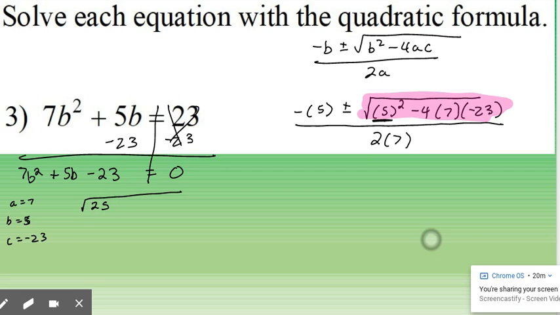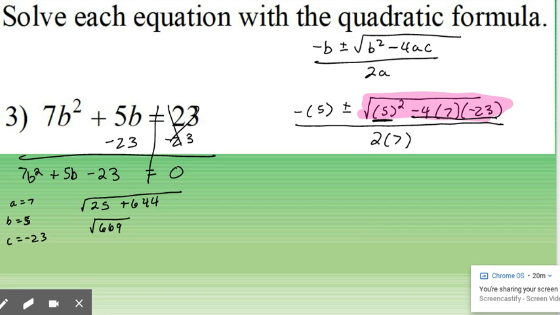And then we have negative 4 times 7 times negative 23. I get positive 644. Add those up. And I get square root of 669.